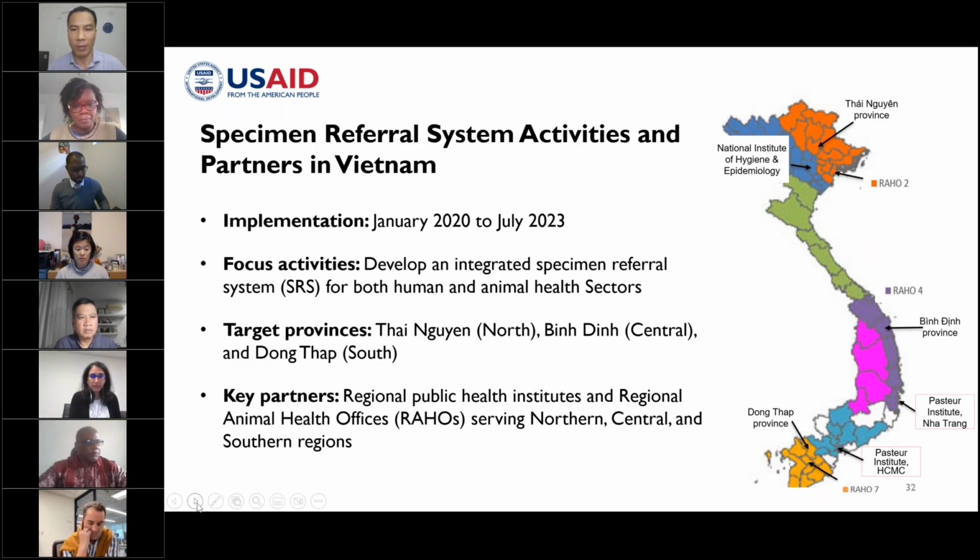And you can see on the map that each region we have at least one public health reference lab at regional or national level, and also one animal health reference lab, which is referred to as regional animal health offices, or RAHO. Number 2 in the north, number 4 in the middle, central region, and RAHO 7 in the south. Next slide.